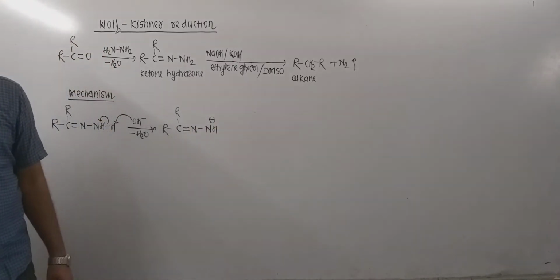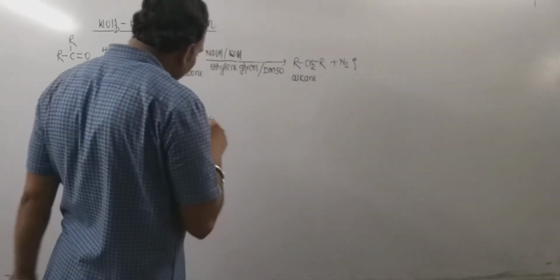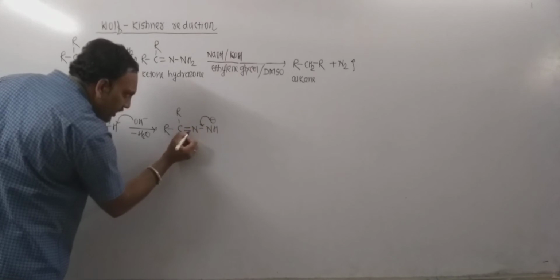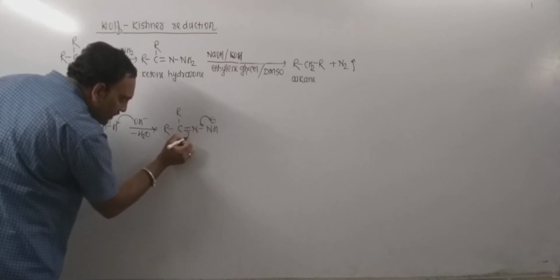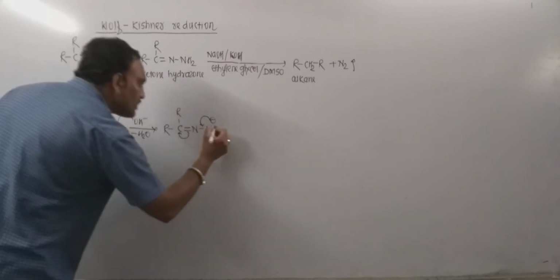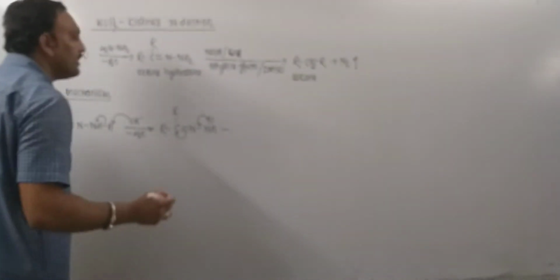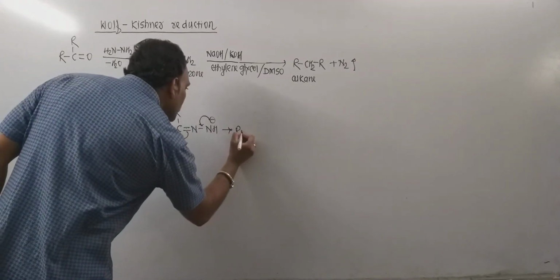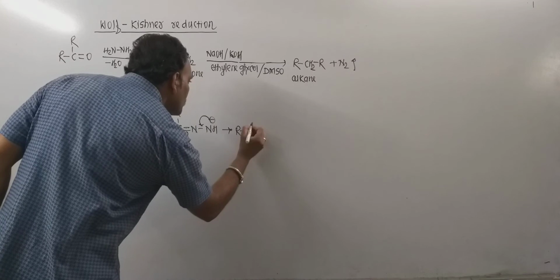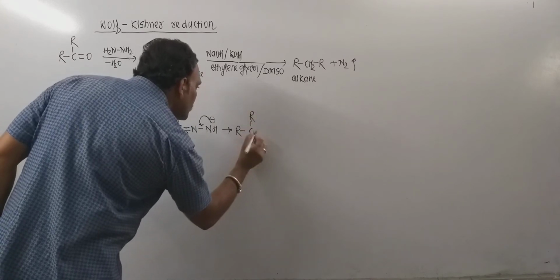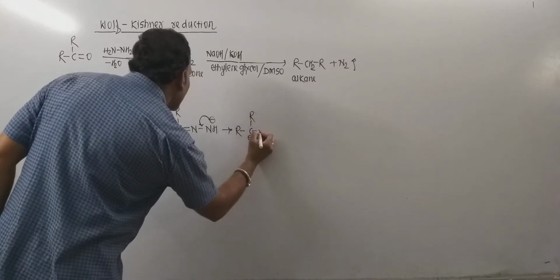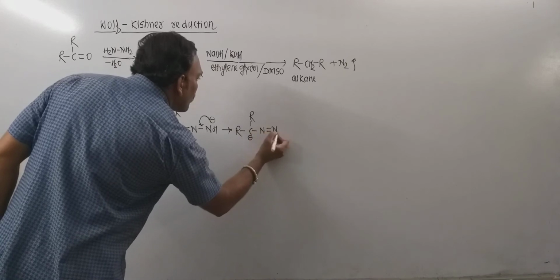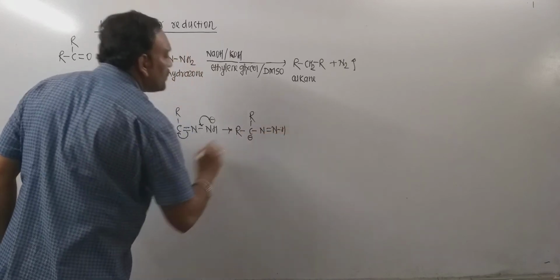Now this intermediate species, whatever is obtained right here, puts its electron pair right like this. So this electron pair may get shifted towards this carbon, and that leads to the formation of RCR, which carries a negative charge, single bond, N, double bond, NH.